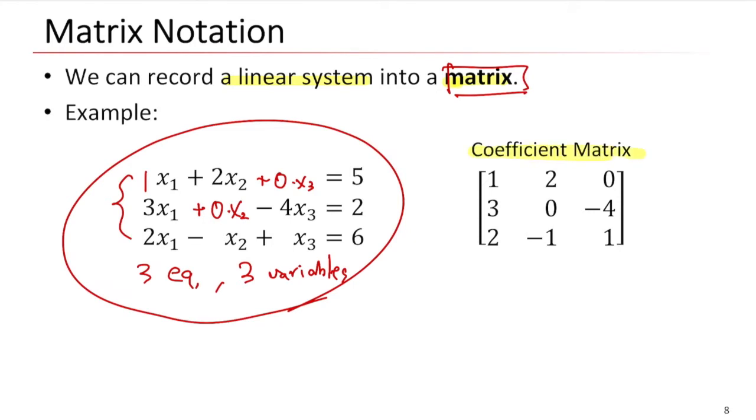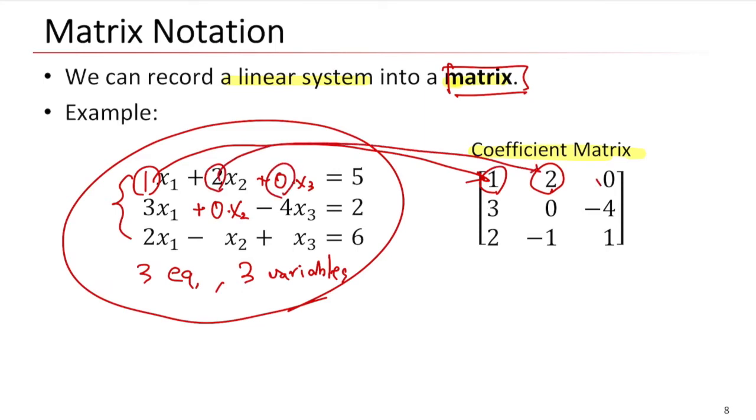So then what is the coefficient matrix? Just write each coefficient here, so in here the coefficient 2 from this one, and coefficient 0 from this one.